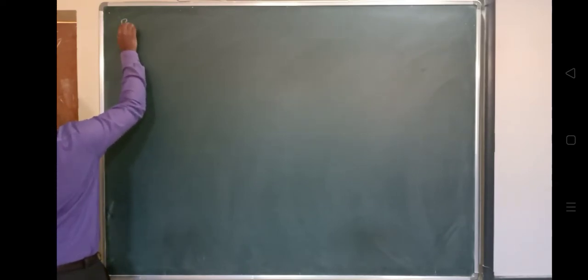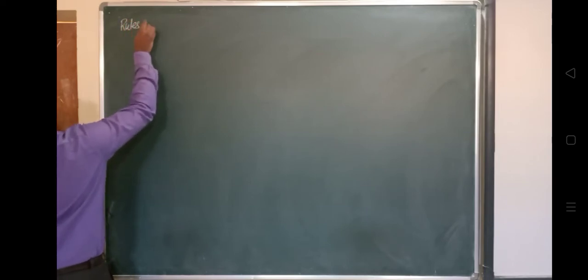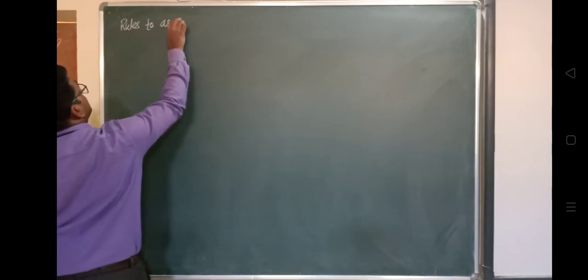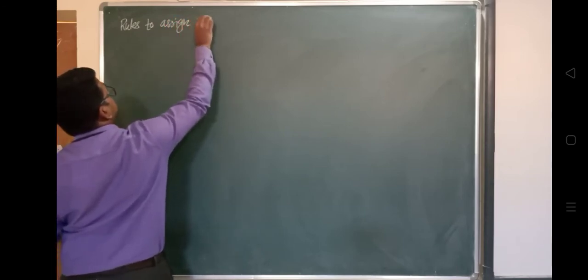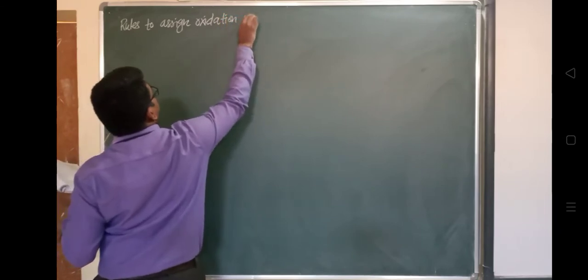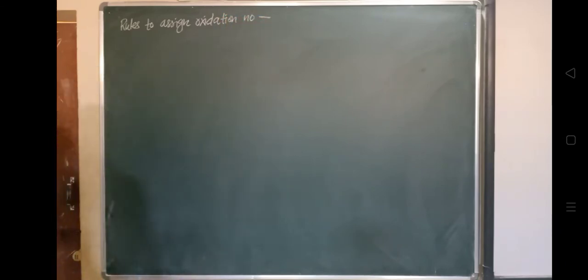So we'll see the rules which are assigned for oxidation number. There are several rules to assign oxidation number. We'll see the very first rule.